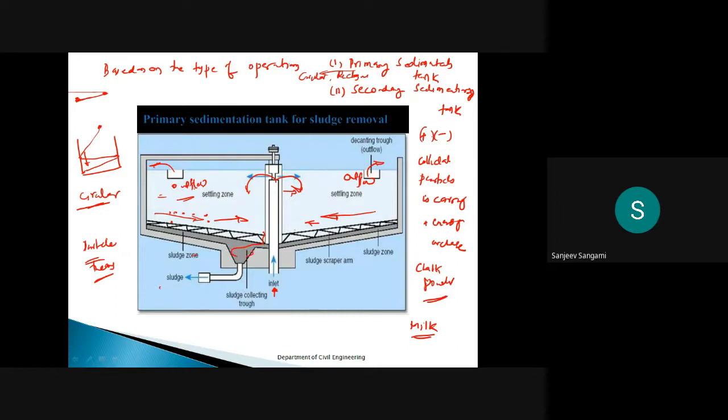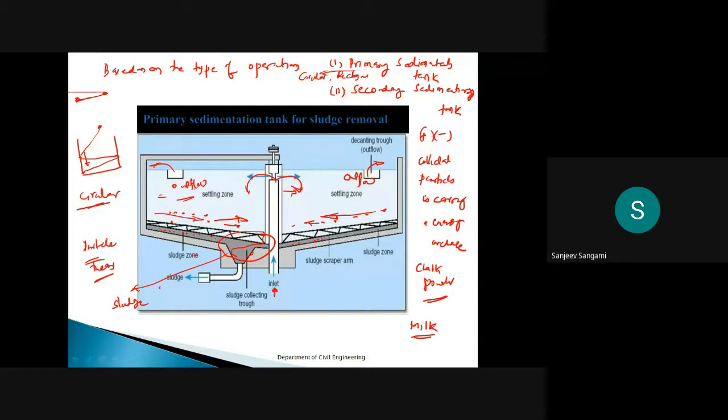Whatever solids are here, slowly they will move under the influence of gravity in this direction, and those solids will be captured in this area, which is known as sludge. See here, you can see a little bit darker area.